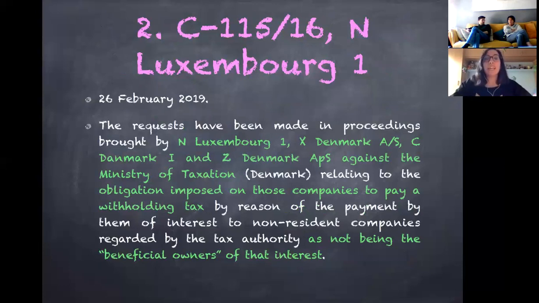The case that we are going to study regarding this directive is case 150/16.